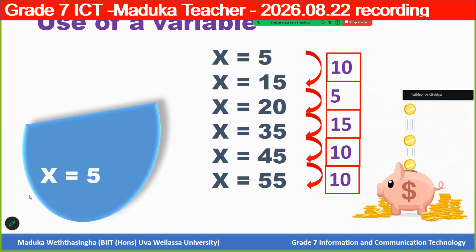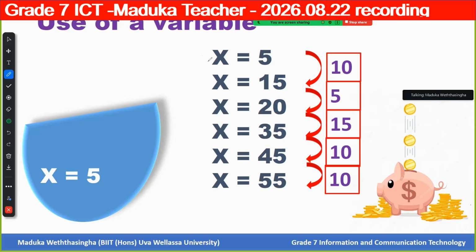15. Previously, the value of your till was 5. But now, it's 15. So, this value 5 is not a permanent value.